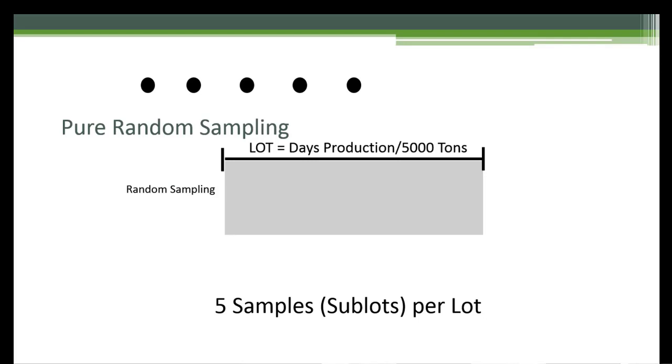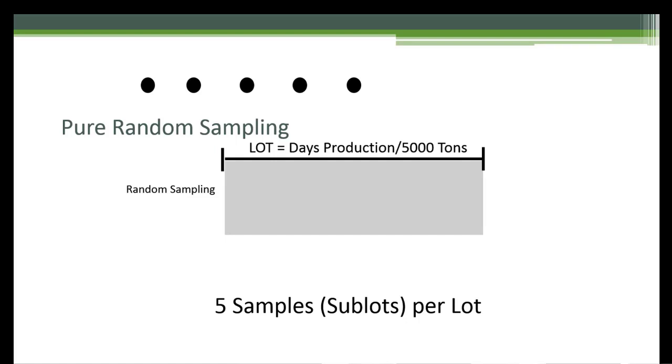So in pure random sampling, this lot, L-O-T, lot, generally is considered in North Dakota to be called a day's production. In South Dakota, it's defined as 5,000 tons of mix to the main line, basically mix. And so that's the entire lot we're accepting, or looking at testing, sampling, testing, and accepting.